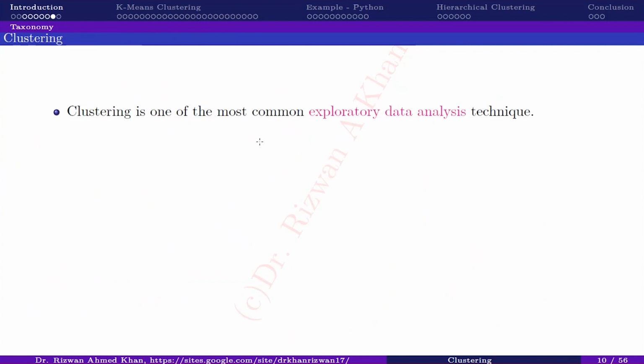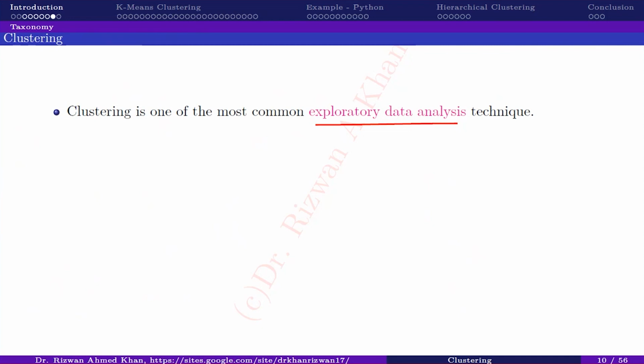Clustering is one of the most common EDA, exploratory data analysis, techniques. Usually before starting any machine learning algorithm, we try to explore the structures within the data. That even helps in supervised machine learning as well, because based on the structure we can find the best algorithm for the data set.